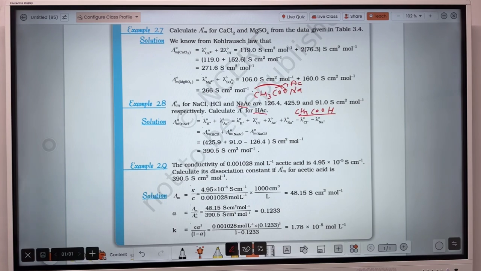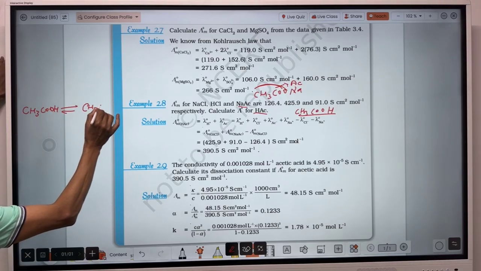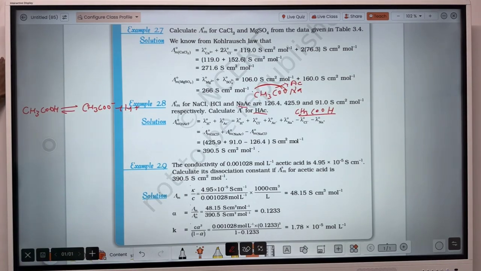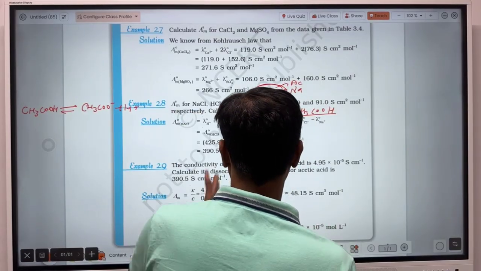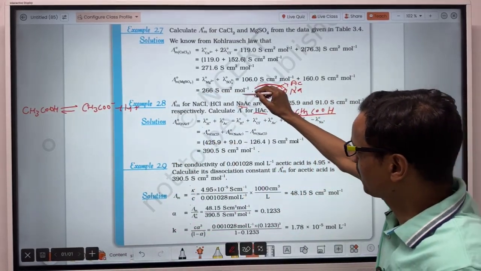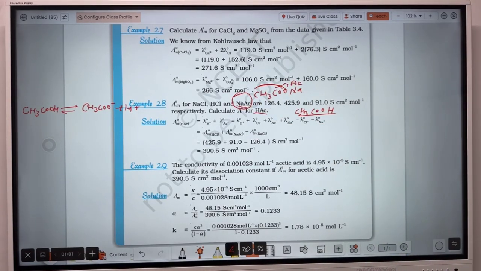So let's see here. Acetic acid: when there is dissociation of acetic acid, there will be formation of acetate ion and H plus ion. Among these, from where can you get acetate ion? From sodium acetate you can get the acetate ion.